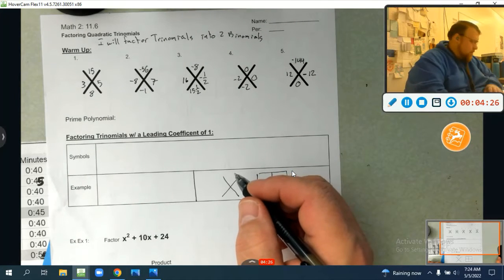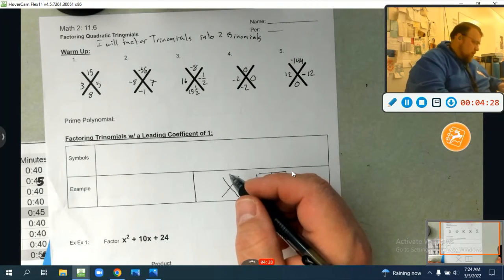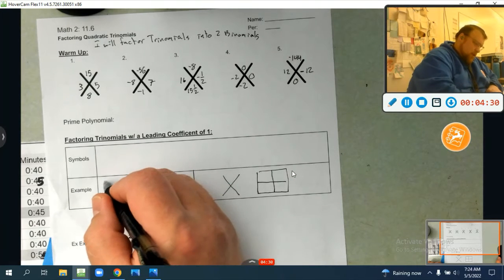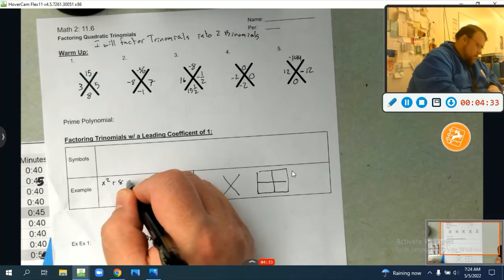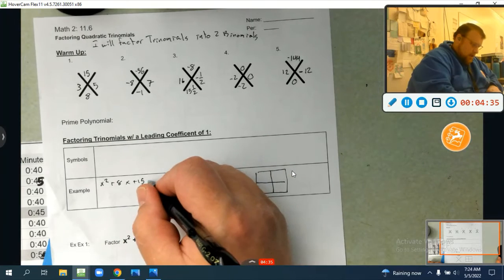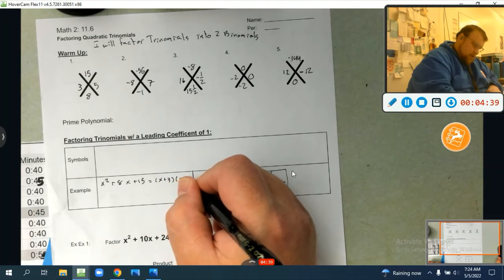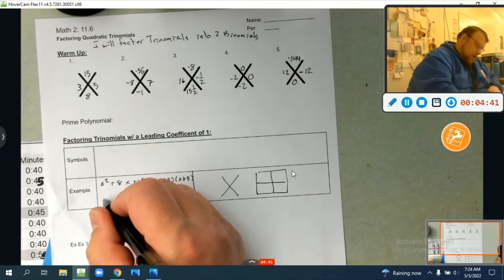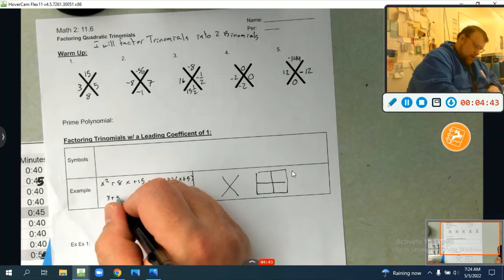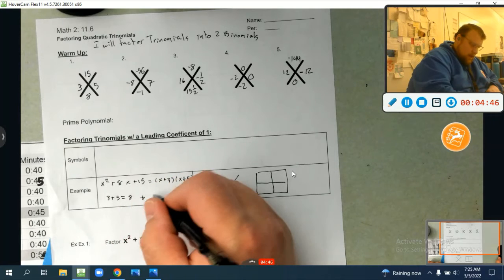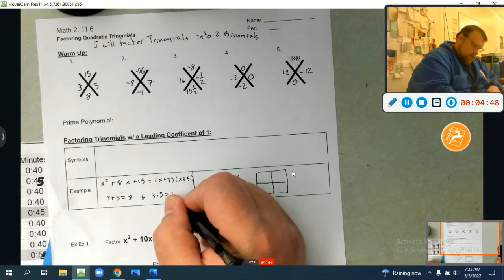So let me just write down the example. We have x squared plus 8x plus 15 equals x plus 3 times x plus 5. And that's because 3 plus 5 equals 8, and 3 times 5 equals 15.